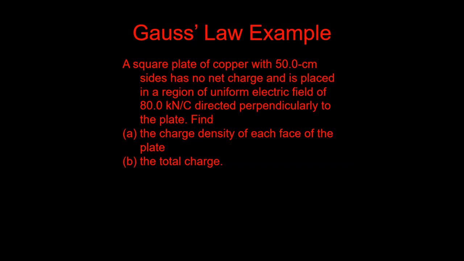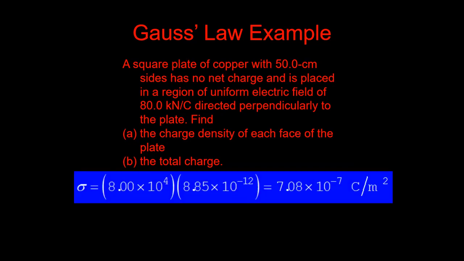Remember, charge density is given by sigma, charge per unit area. So sigma here is going to be 8 times 10 to the 4, this is 80 kilonewtons per coulomb, times 8.85 times 10 to the minus 12. This is going to be our overall system here, sigma. This is going to give us 7.08 times 10 to the minus 7 coulombs per square meter.